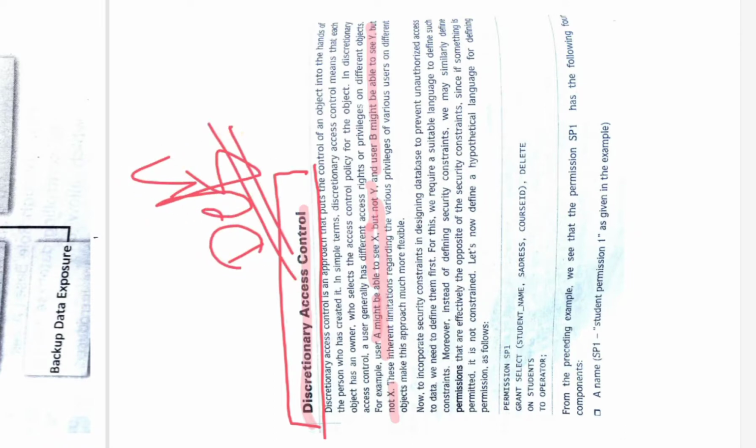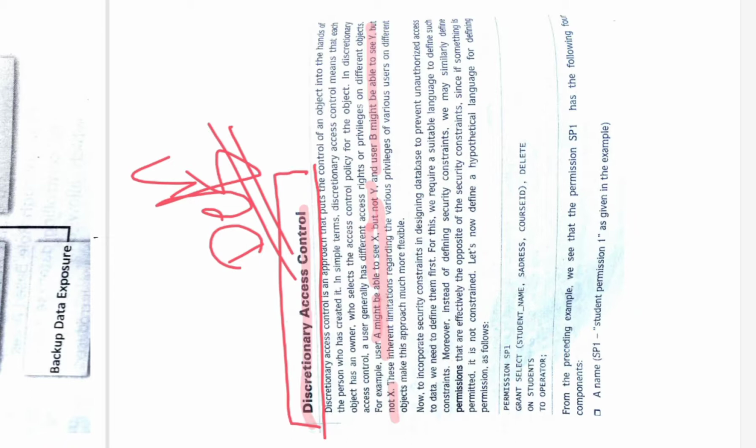The definition of discretionary access control is this: each object will have its own owner, right? But when it comes to practicality, when we want to implement these security constraints in our system, how do we build that?